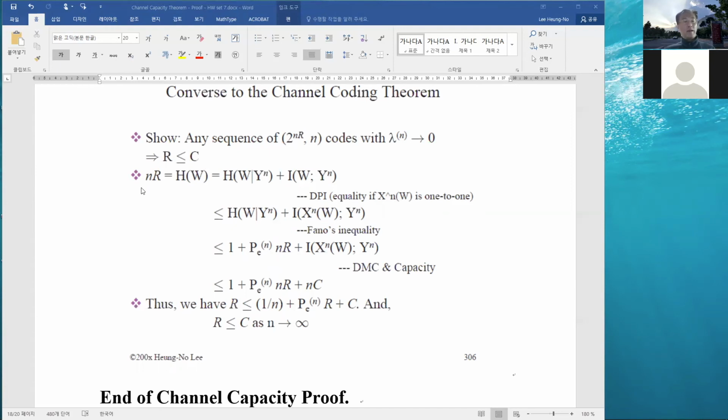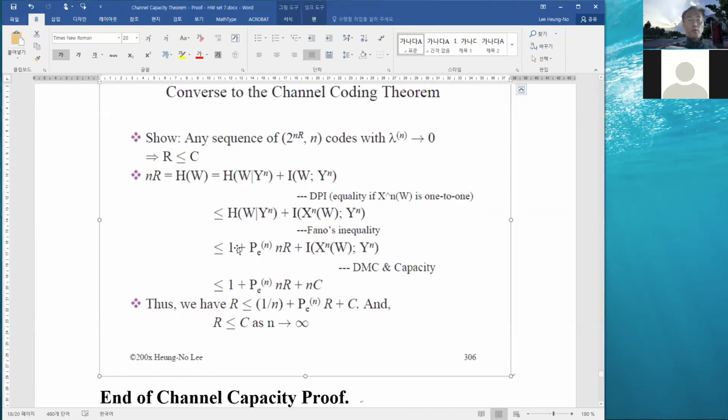As we did in the zero-error code proof, this part was 0, but now it is not going to be 0, and we will use Fano's inequality and have this term. That's the only difference.